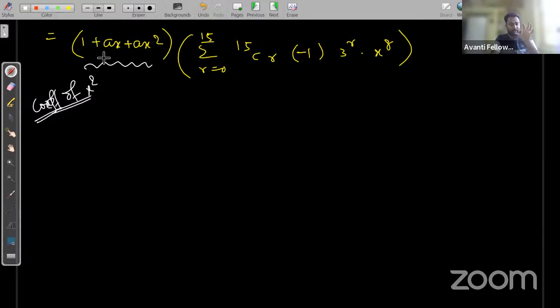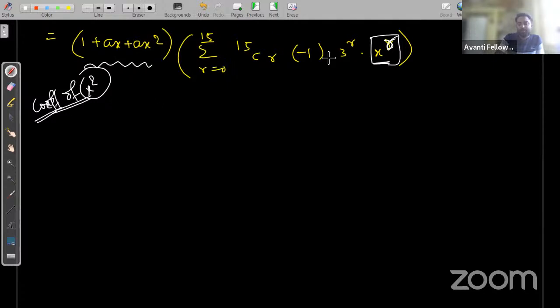How can we find it? We need to multiply with the quadratic expression also. To find the coefficient of x square, the value of r must be 2, right? So when we multiply 1 with this expansion, r must be 2, because we need x square. Here it would be x to the power r, and I need r equal to 2, okay?